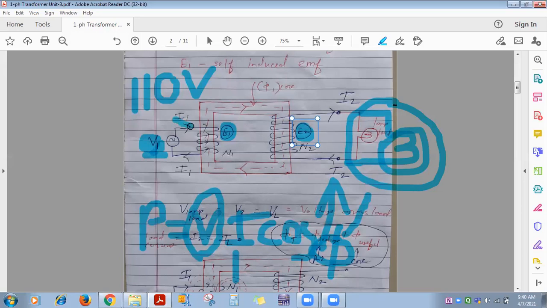It takes more and more current from the supply. Means I1 will go on increasing, I2 also increases, and then it supplies increased power to the increased load. The conclusion is: as you go on increasing load on the transformer, I1 and I2 increase.